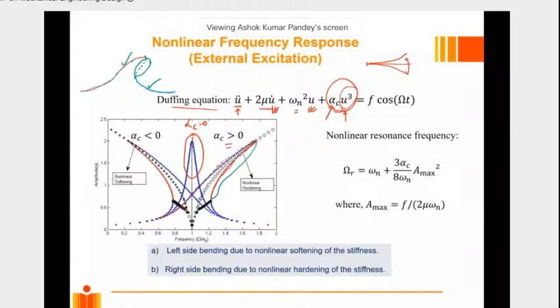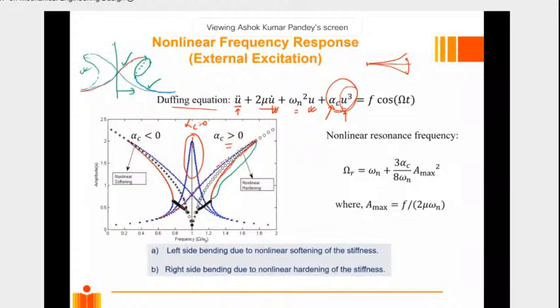And if your alpha s is greater than 0, you get it like this, which is hardening. Since the frequency is on the increasing side, we call it a nonlinear hardening response. And in this case, since the frequency reduces, we call this kind of nonlinear softening effect.